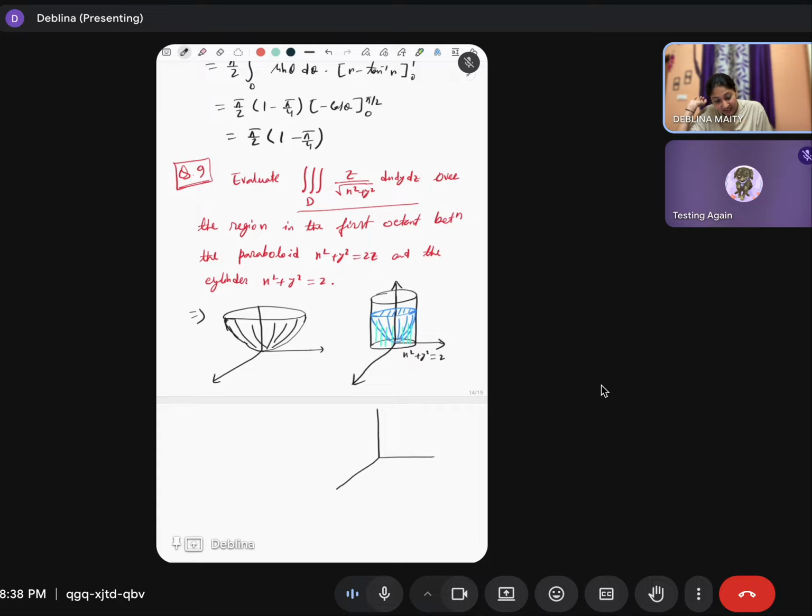Okay, and it is in the first octant. So we have to find the region in the first octant, not the whole. So in the first octant, the cylinder is like this, right? And the paraboloid is this.